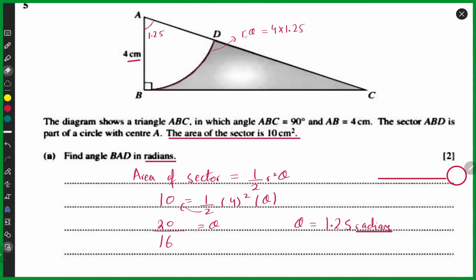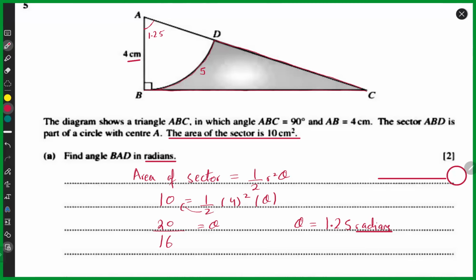So the arc length is 5. Let me just directly write down 5. Okay, that's good. Next, we need to have this length, and we need to have this length, DC.